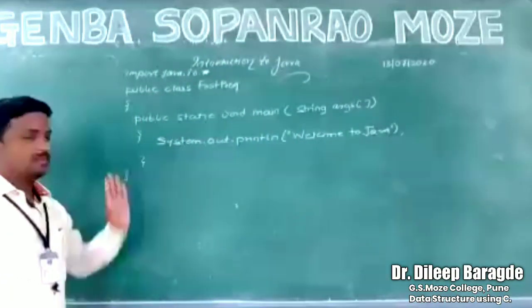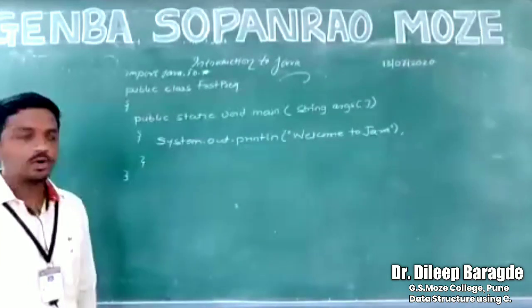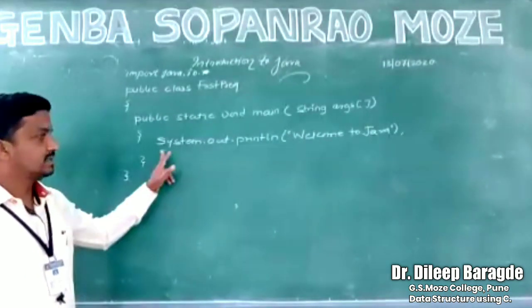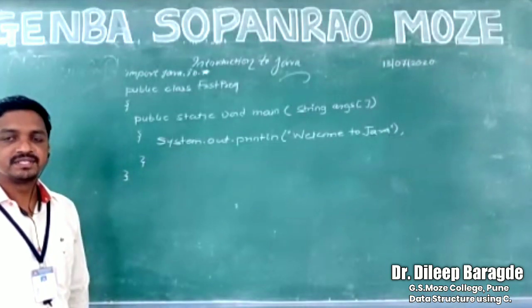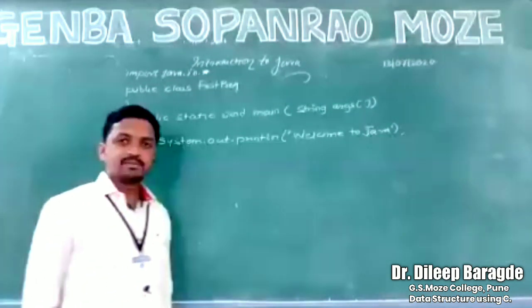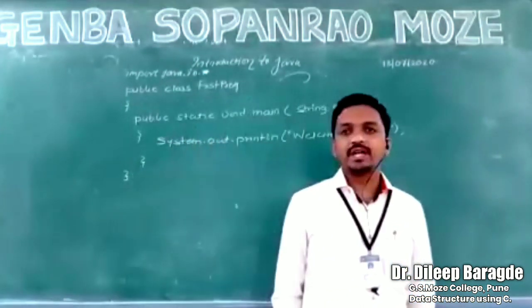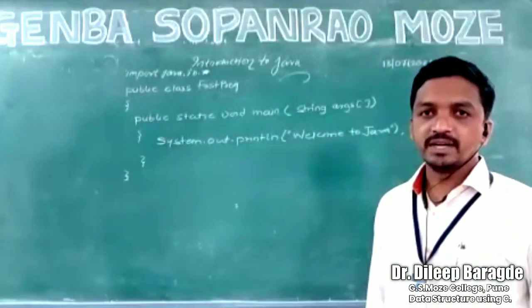So in the main function, I want to print something. System.out.println. Again System, S capital. Whenever you want to print something, we use the object out to print. So System.out is an object.